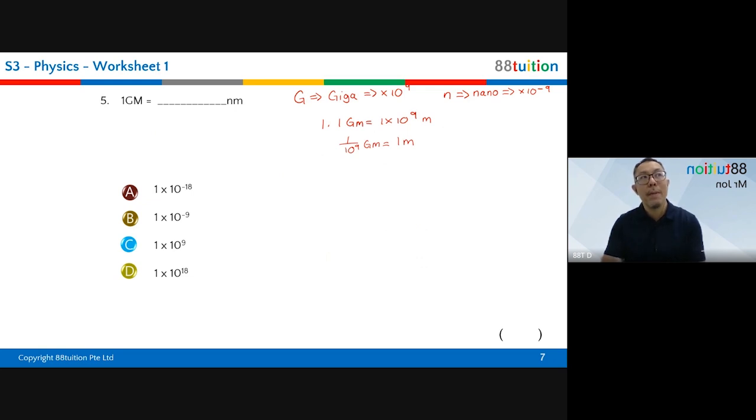So for physics, your math, you have to be good. Your algebra and your solving all this. If not, fractions, all that. If not, you will have problems solving the calculation questions. All right, next for the nano.